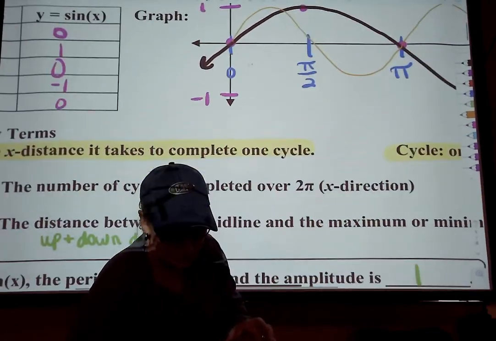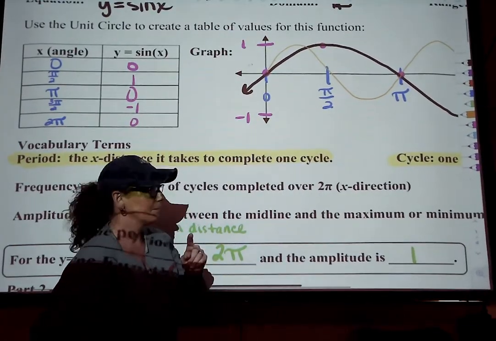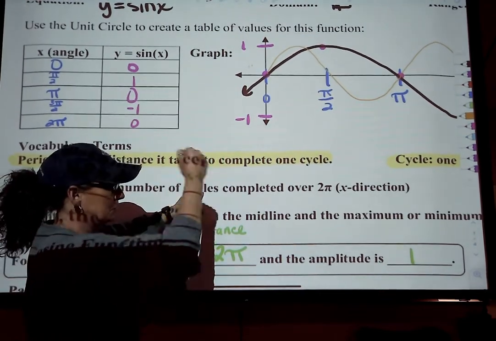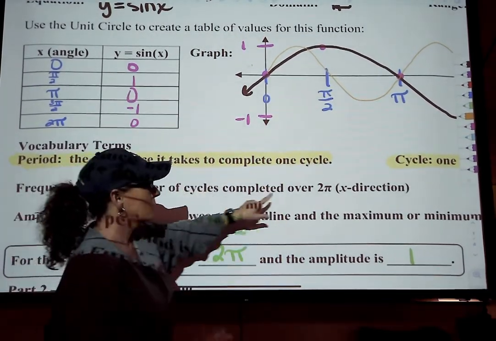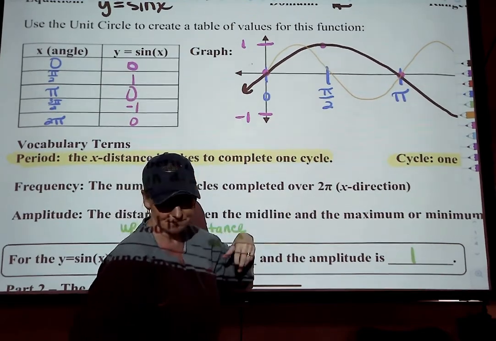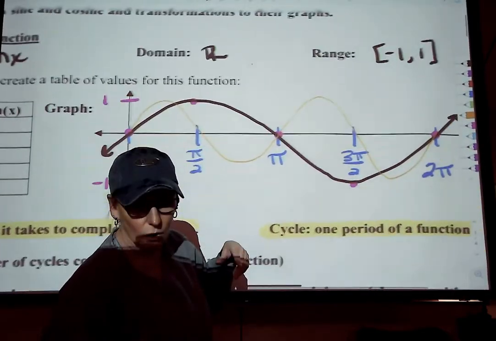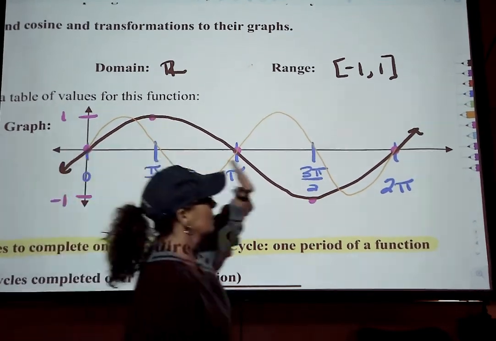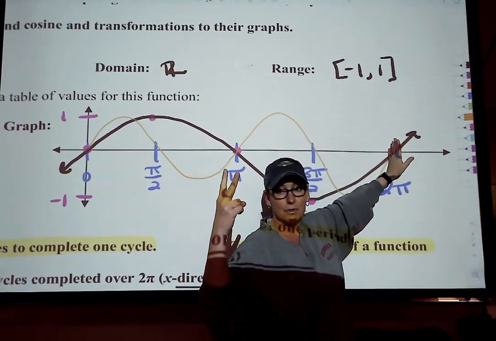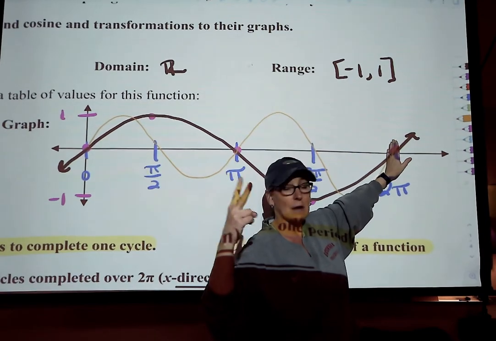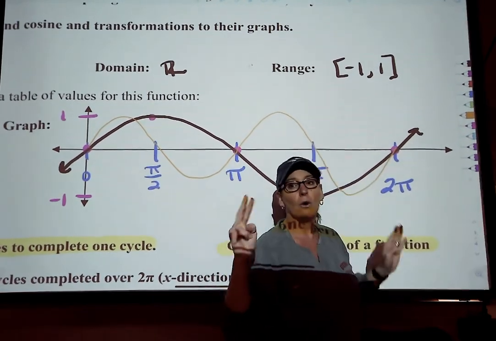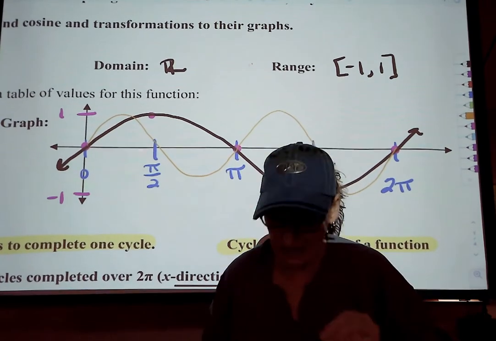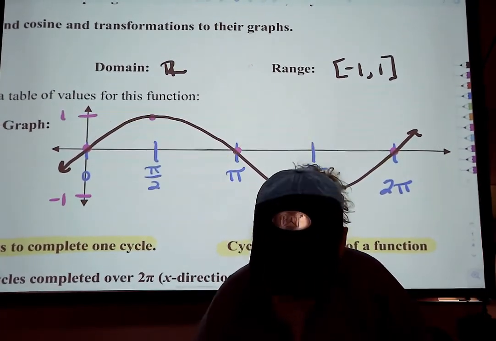Now, question, frequency. How many times did you see the boom, boom, boom, boom, boom from 0 to 2 pi? Orange graph. How many cycles do you see from here to here? I see 2. That would be the frequency of the orange graph. What's the frequency of the black graph? Let me get rid of the orange.